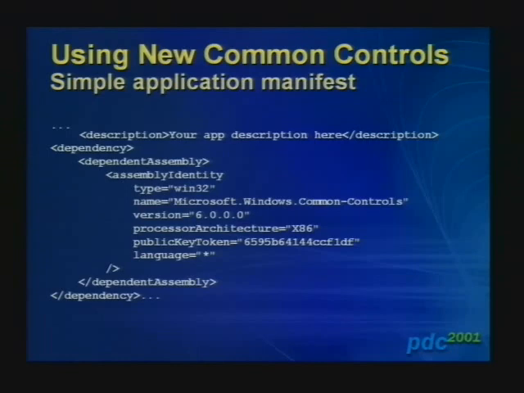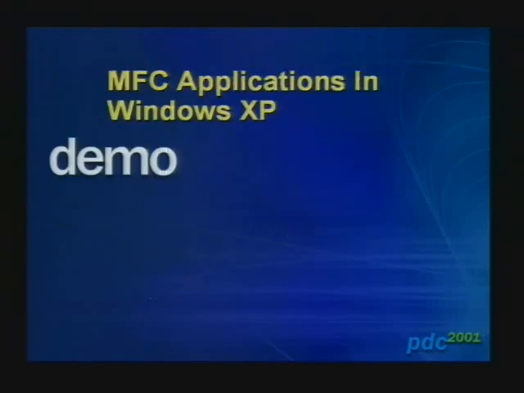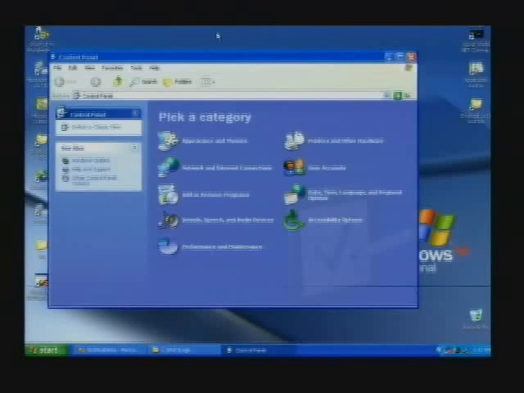It says that, hey, I'm dependent on version 6 of the common controls, and what's important is the public key token, because these are going to be shared. This particular DLL that I'm depending on is going to be shared, and I need to give it a specific digital certificate, and that's what uniquely identifies what I'm dependent on. So now I'll give you a demo on how to get your application to work with a manifest.